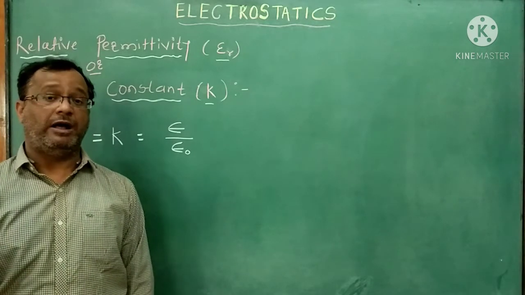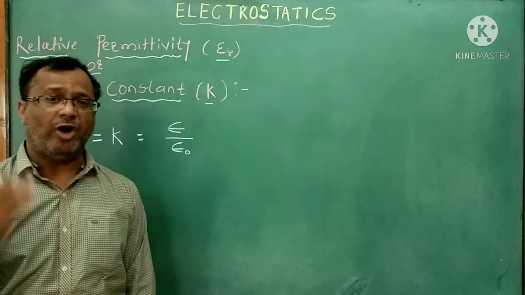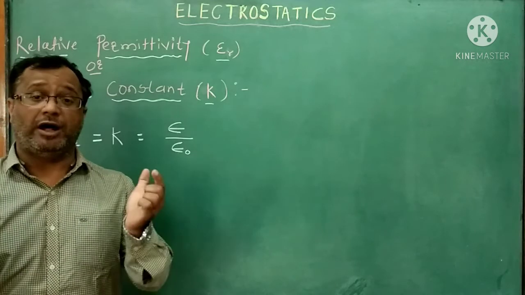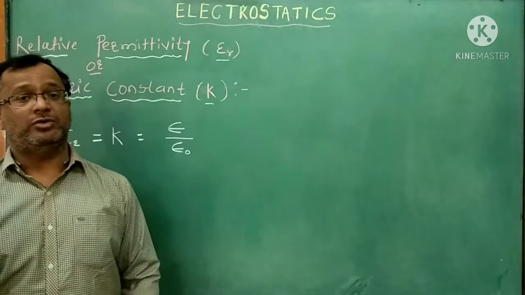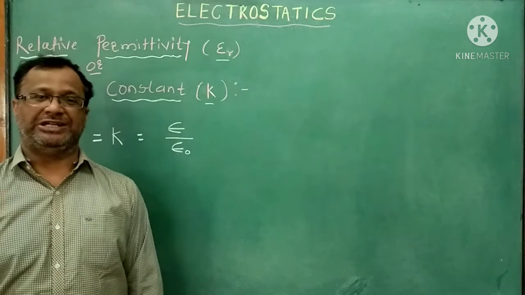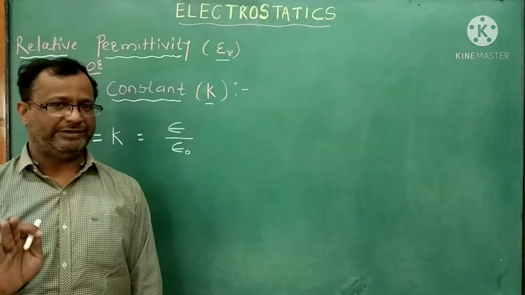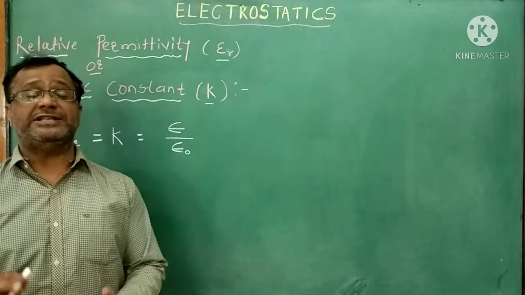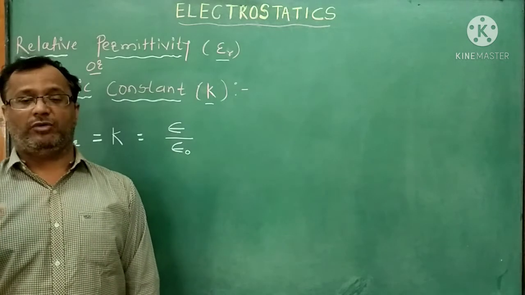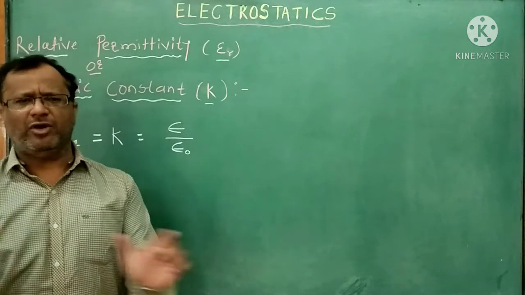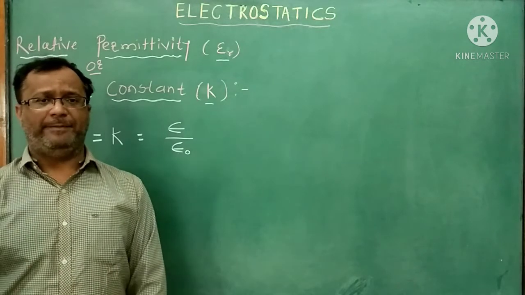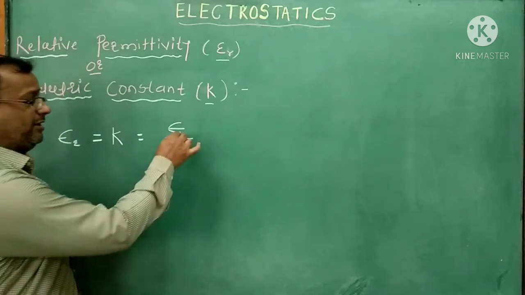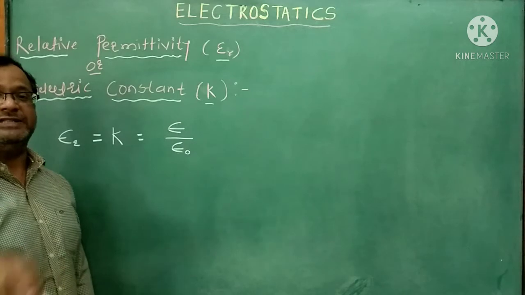Permittivity is the ability of the medium to hold the electrical charges, the electrostatic force, the electric field, the electrical potential, all these things. So the ability of each medium is different.